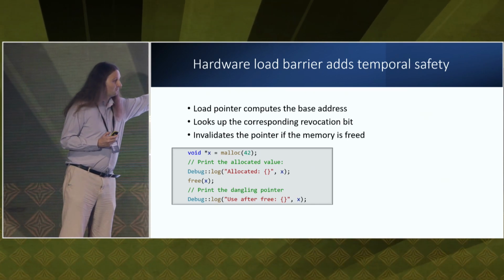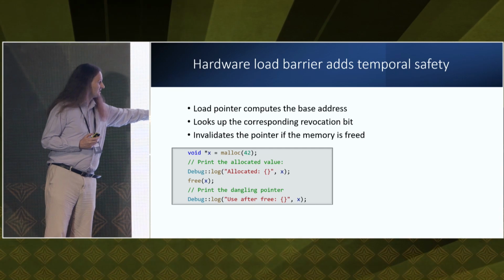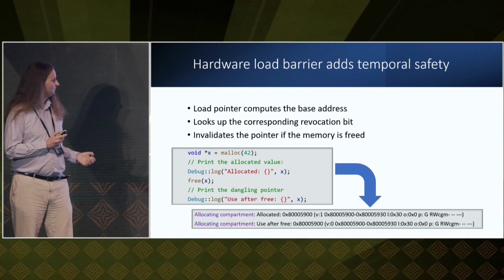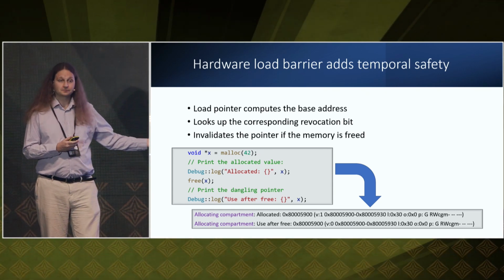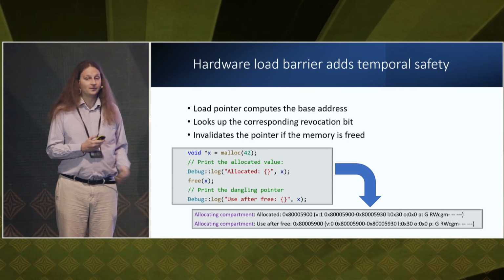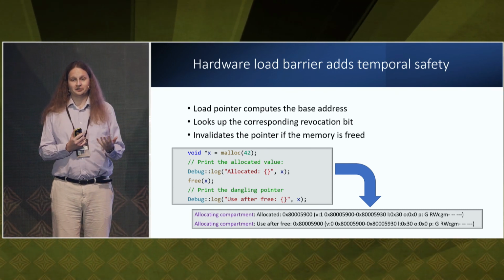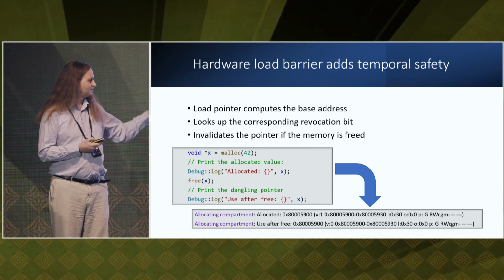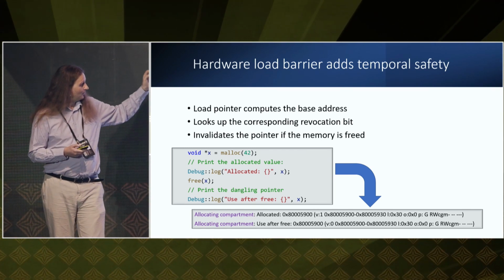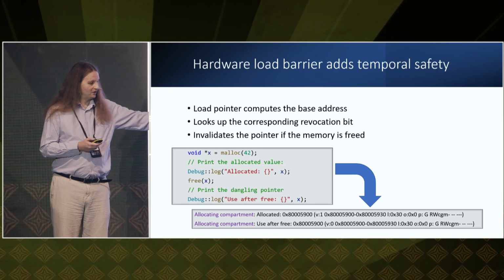We malloc some memory, we log the pointer that's allocated, we free, and then we log the dangling pointer. And when we print these two, you can see on a CHERI system, when you print a pointer, it's not just an address. We've got the address, we've got the range that it covers. At the far right, we've got the set of permissions it contains.